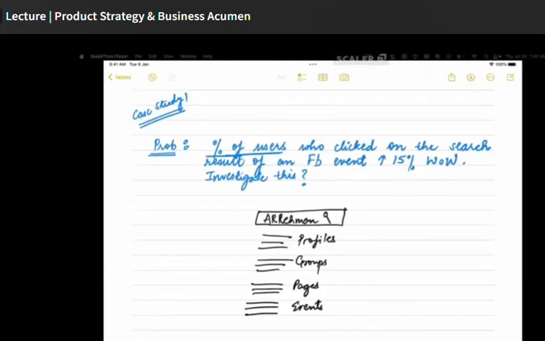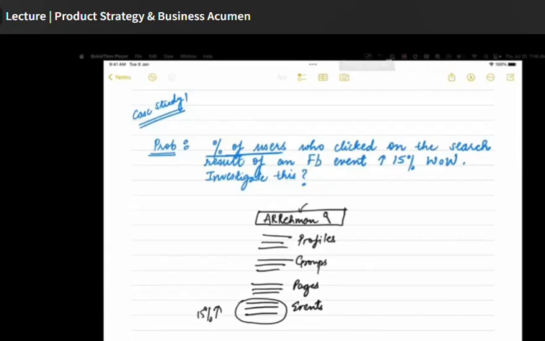So now this question is saying that when a user is searching something, the clicks happening on the event results have increased by 15%. Whenever a user is searching something, clicks happen on all results, but the clicks on the event related results have increased.